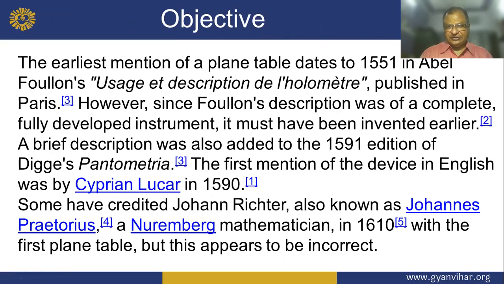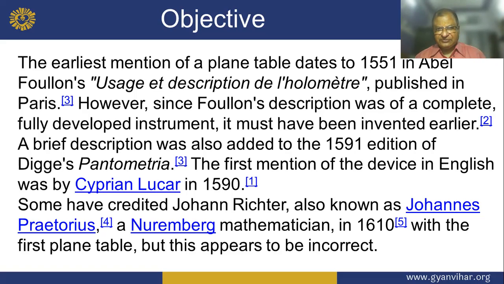The earliest mention of the plane table dates to 1551, in Abel Foullon's usage and description, published in Paris. However, since Foullon's description was of a complete, fully developed instrument, it must have been invented earlier.